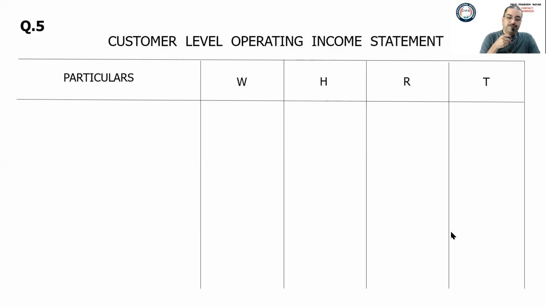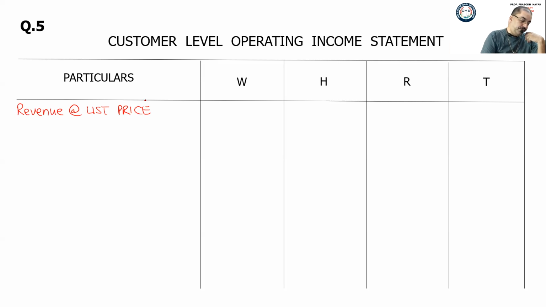Ready? First we'll start with revenue at list price.